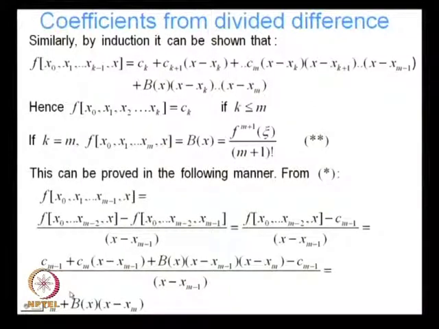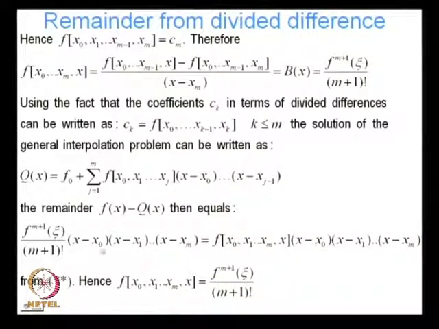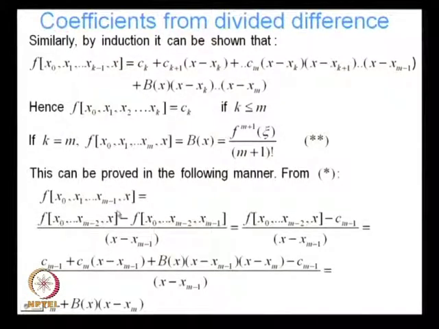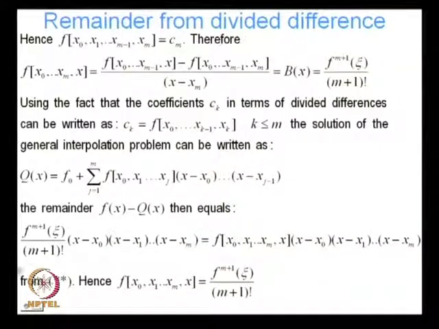Hence f of x0, x1, ..., xm minus 1, xm is equal to Cm. So, here if I replace x by xm, this term vanishes and I am left with Cm. So, f x0, ..., xm, x, this is what we wanted to evaluate.